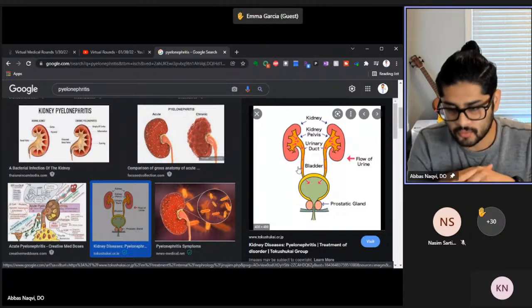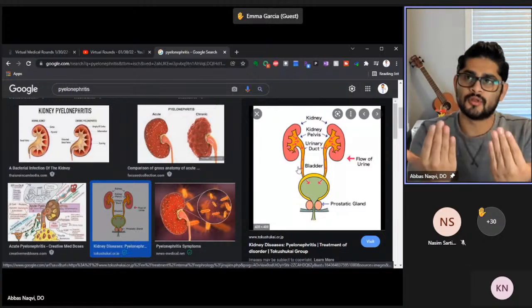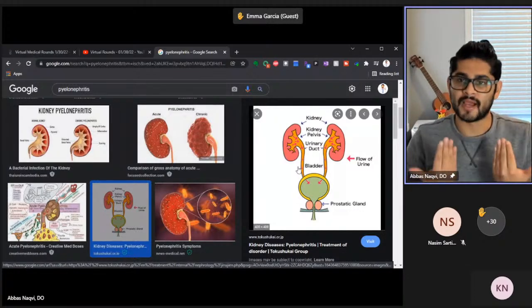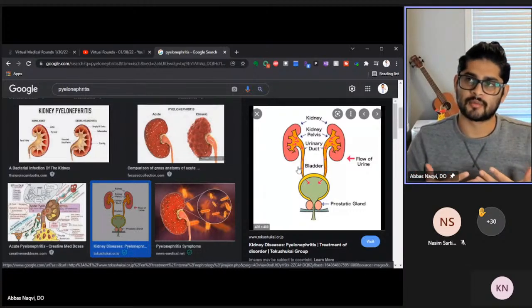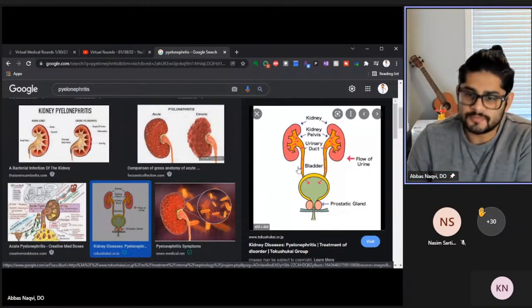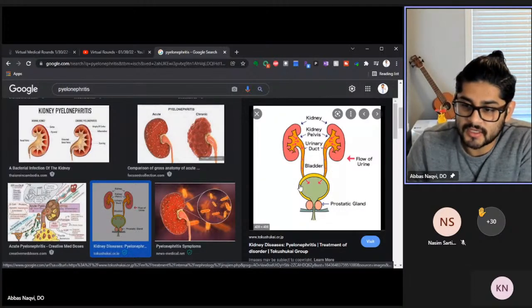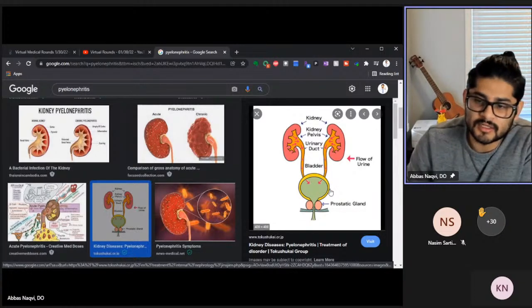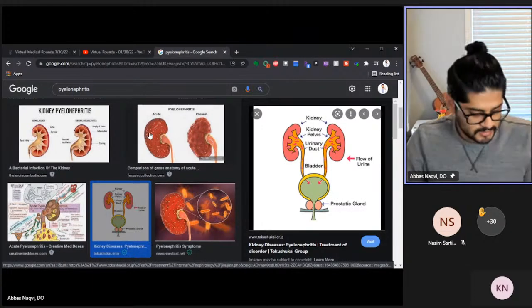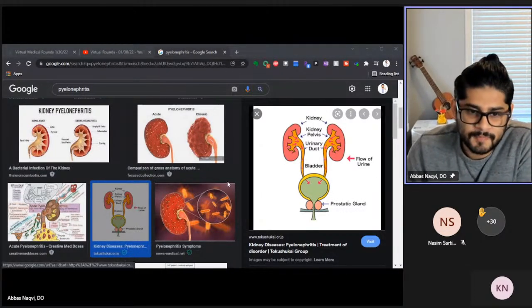Not really important for what we are talking about today, but all that means is they're really far back in the abdomen, so they're more likely to cause pain in the back as well. So absolutely, if an infection in the bladder ascends up the tract into the kidney, that would cause a pyelonephritis. Okay, other thoughts that you guys might have.